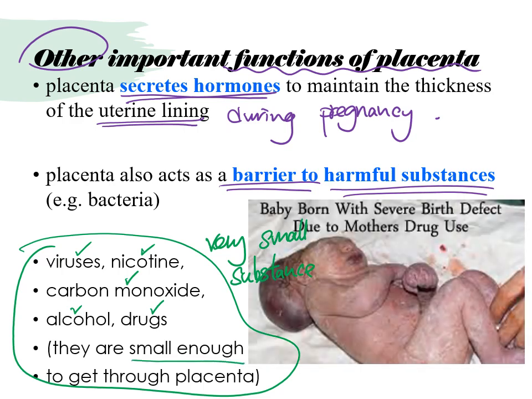So if they really get through the placenta, it might damage the baby. Here it shows you a picture of a baby born with severe birth defects due to mother's drug usage.